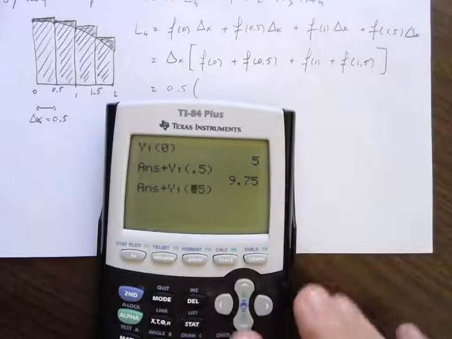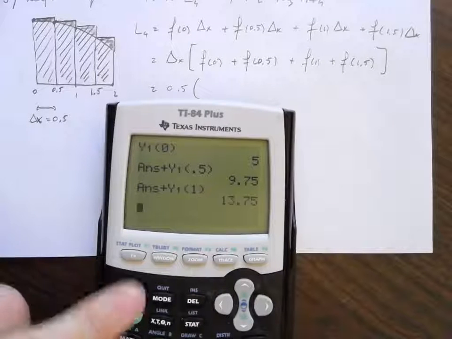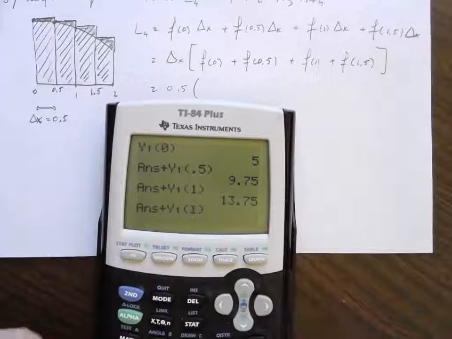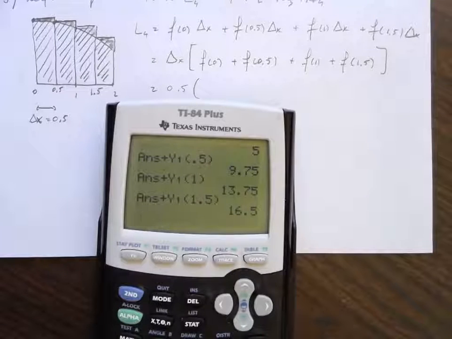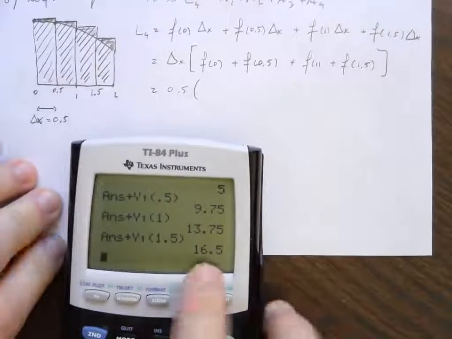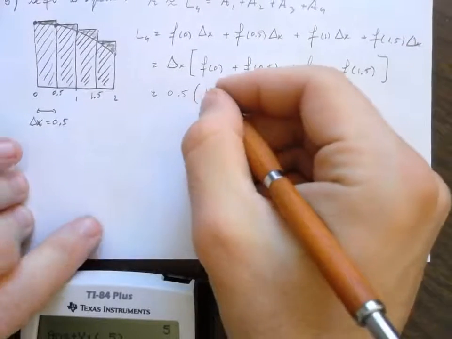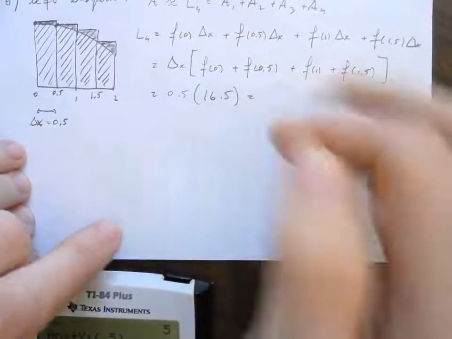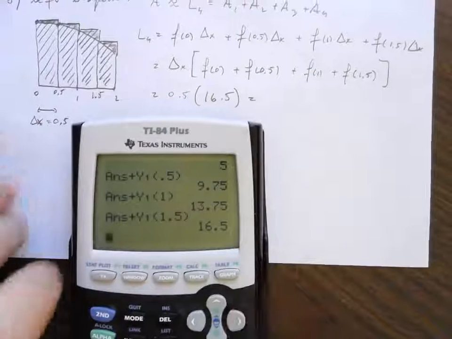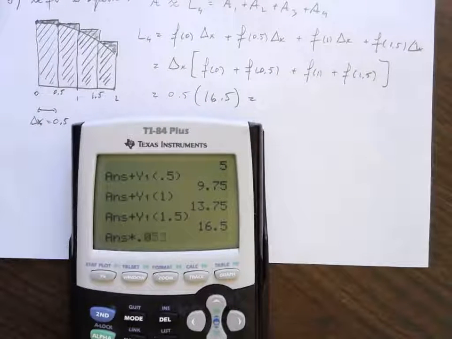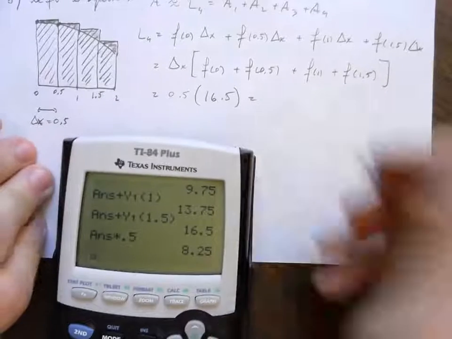Then I add y of 1. Then I'm adding y of 1.5. So then I have a total sum of 16.5. And when I multiply this by the delta x, oops, I get 8.25.